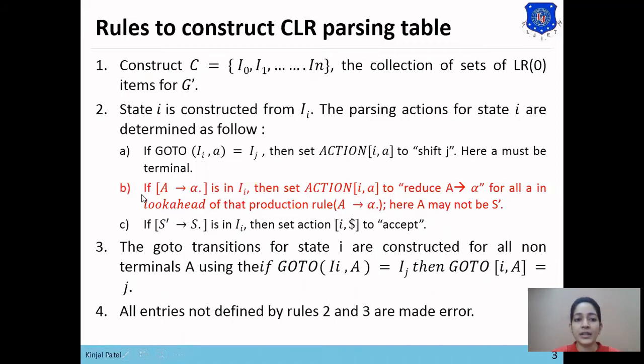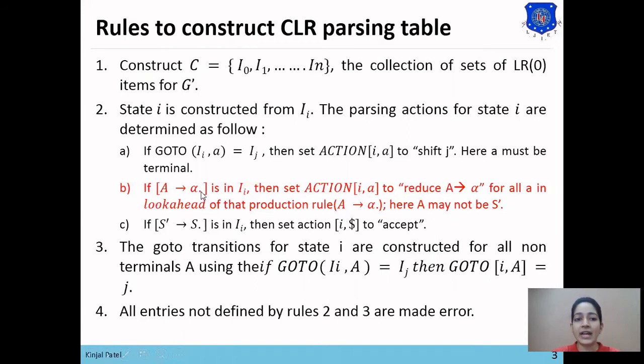For example, if there is a production A derives alpha dot in item set I, we'll make the entry of reduce from I on all a in the look ahead of that production rule.